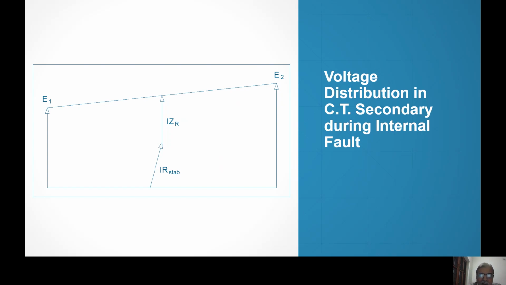Therefore, to keep the relay stable against external fault, we connect a stabilizing resistance. I R step is the voltage drop across the stabilizer, and I Z R, where Z is the impedance of the relay, is the voltage across the relay. So this voltage is quite high and the relay will certainly operate and class A protection will operate.